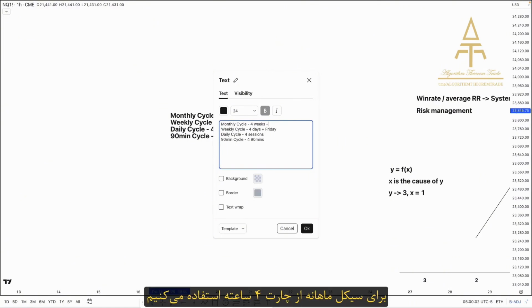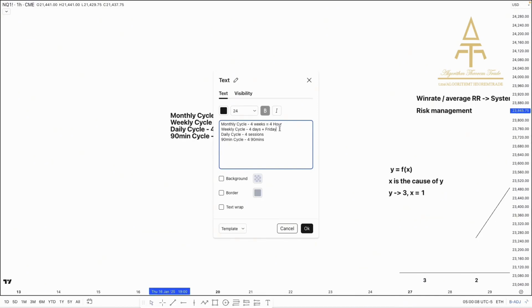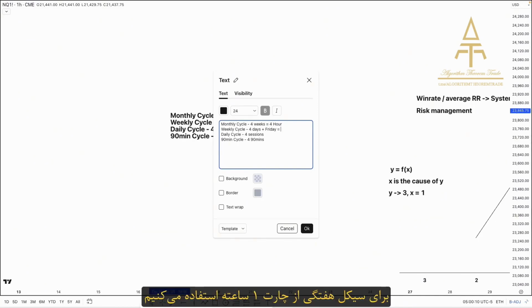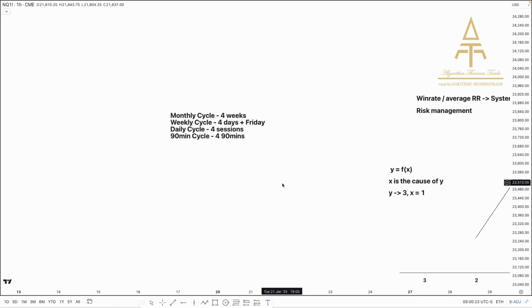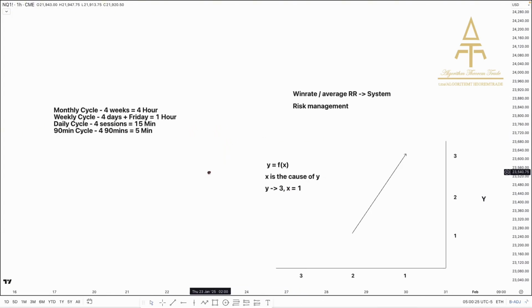And we have specific time frames that we'll be using when looking at each cycle. For the monthly cycle, we'll be using the 4-hour chart. The weekly cycle, the 1-hour chart. The daily cycle, the 15-minute chart. And the 5-minute chart for the 90-minute cycle. We must understand that all of these cycles and how they function are fractal.